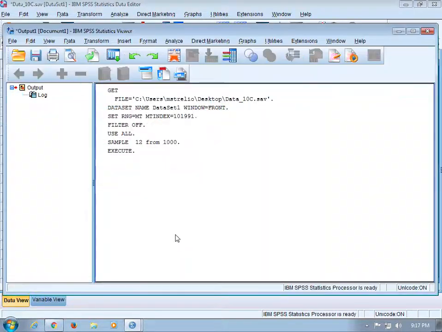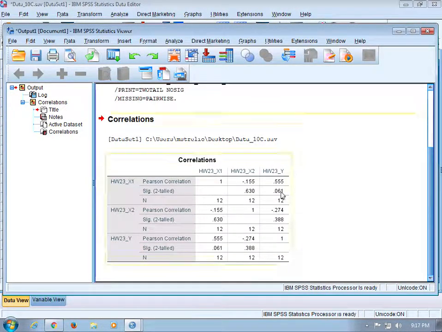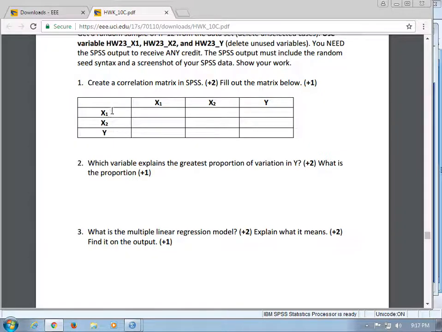So after that you can say OK, and this correlation table will pop up. The values that we're interested in are the correlations between x1 and all 3 variables, x2 and all 3 variables, and y and all 3 variables.